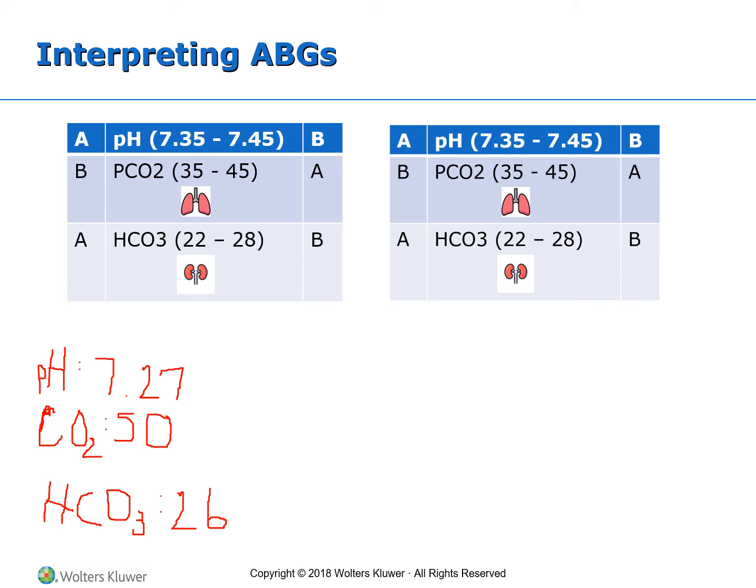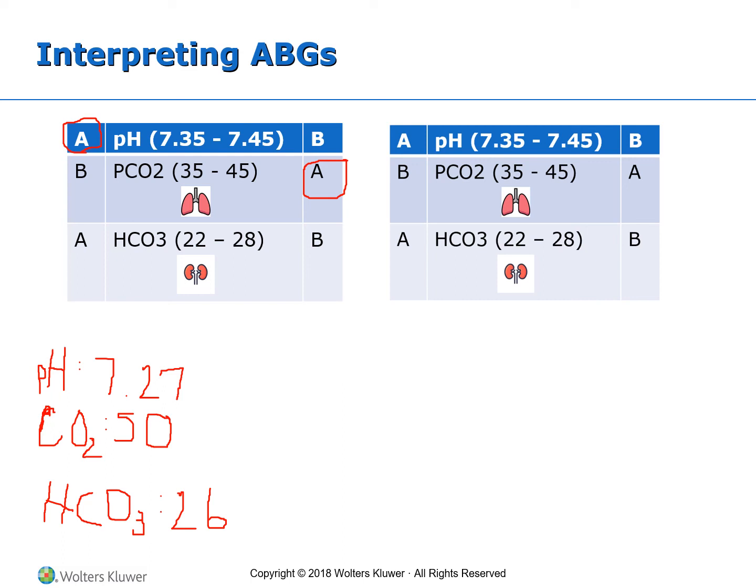But ABA: A is acid, B is base, and then in the middle, what is it? So if your pH is 7.27, it is on this end. It's acidic because it's lower, so we're going to circle acid. Your CO2 is 50, which is over on this side, which is an acid.